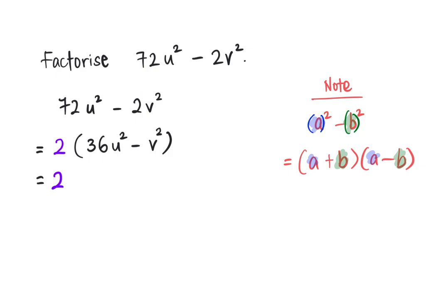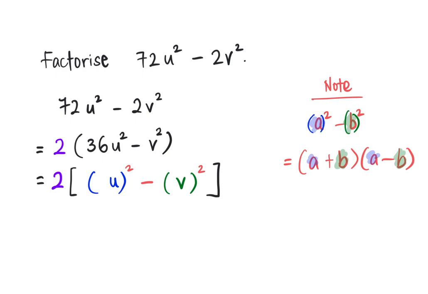Now, I would just need to rewrite the 36 U square as something bracket square minus something bracket square for my V square. V is very straightforward, is V square. And the U is pretty straightforward.